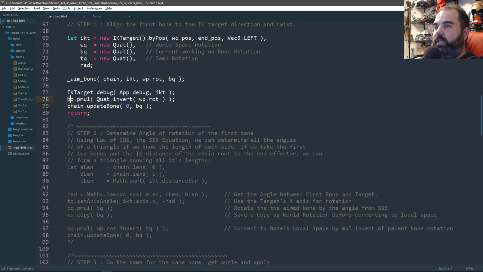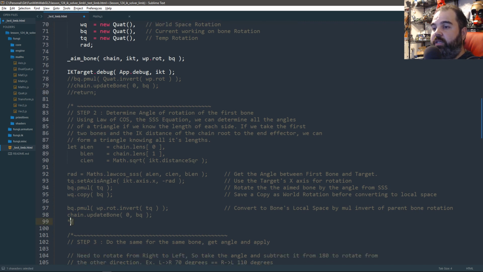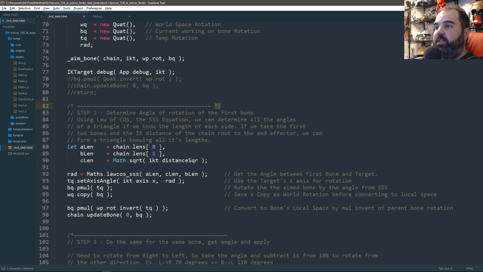We don't need this because this is the end of that. Like I said, step 2 is we need to rotate the first bone. We know all the sides. A length is the first bone, B length is the second bone, and length C is the distance to the end effector.